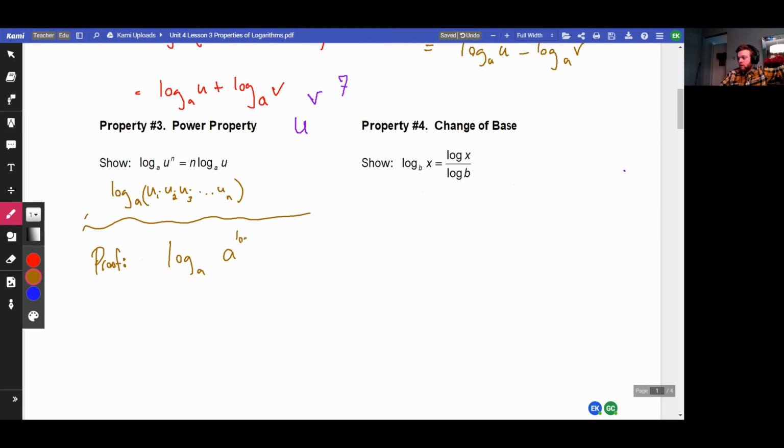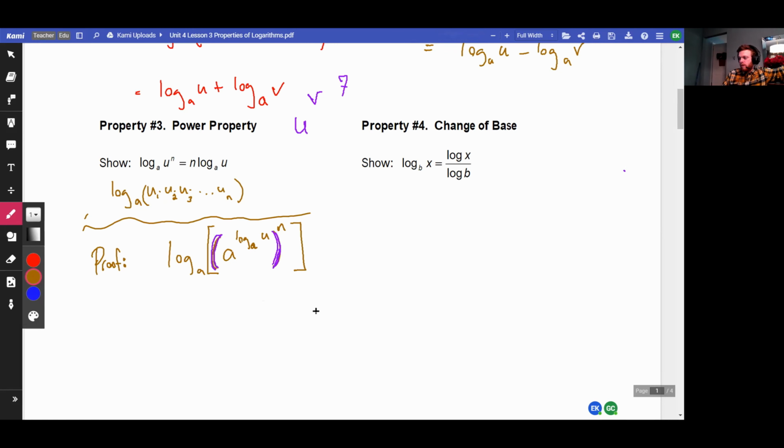So A to the log base A of U, that thing is being raised to the n, and this is all inside of that log that we've introduced, because that's just U to the n. So we do this part. What's inside the parentheses? Bam. That is U, yeah.